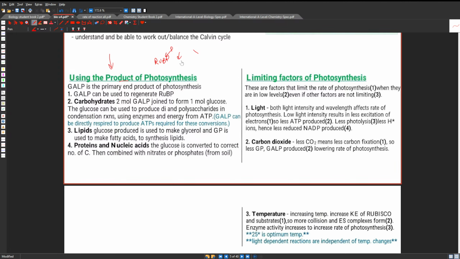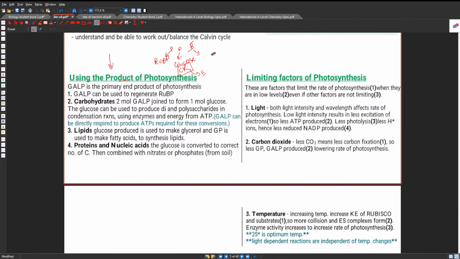Second use is to make glucose for cellular respiration for energy. The third, which I would say is the secondary use, is to make all the other kinds of materials that are made from the 6-carbon glucose.